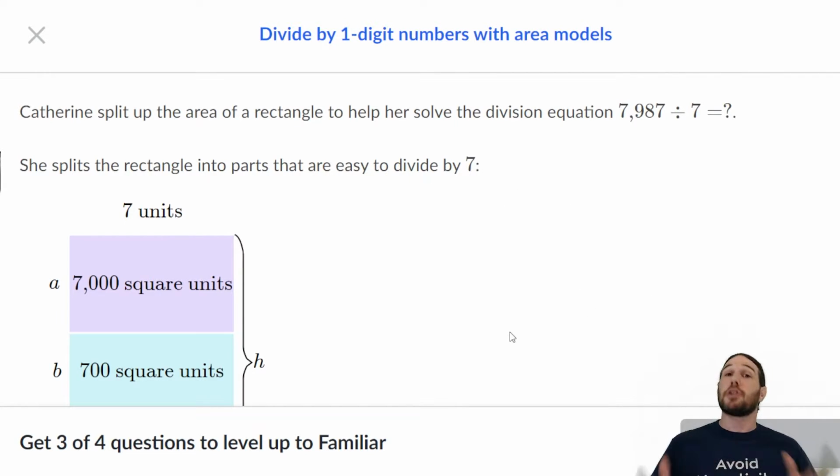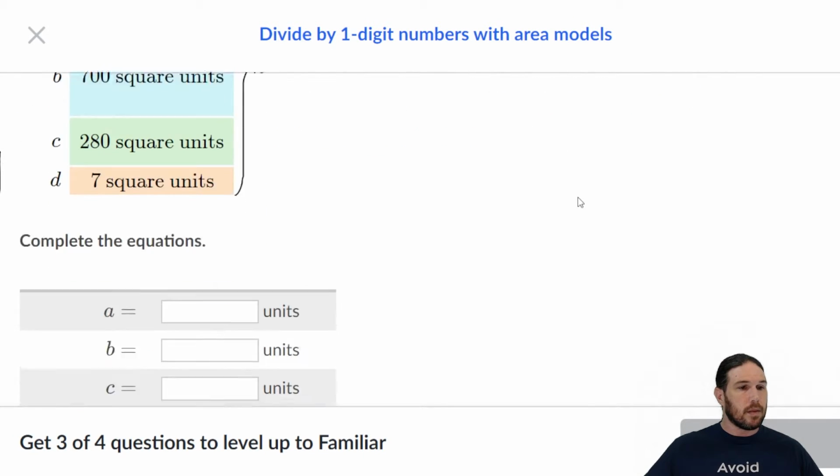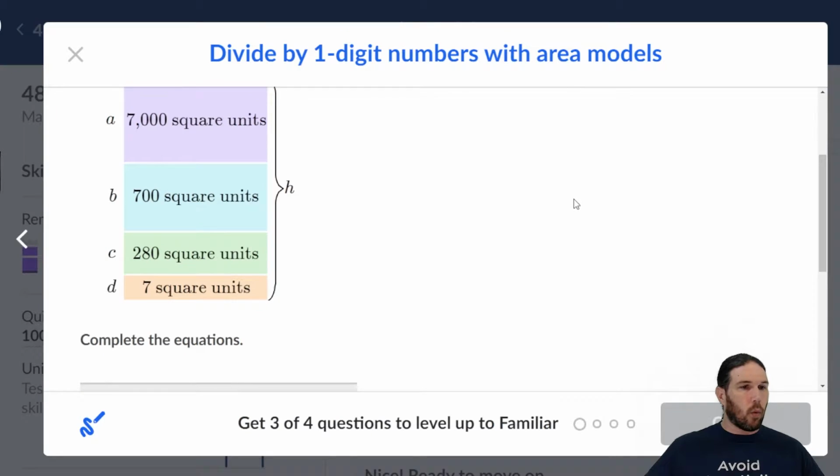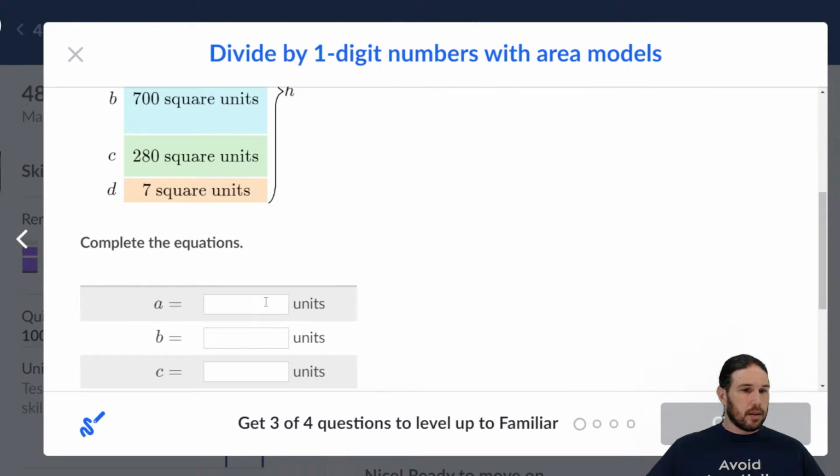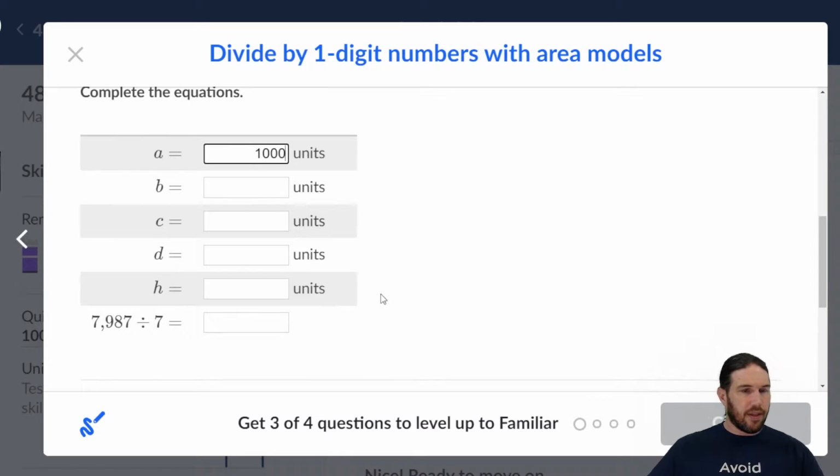But however she does it, she splits the rectangle into parts that are easy to divide by 7. And we want to figure out what each of these lengths is. So for example, 7,000 is the area, 7 is the width. So the length should be 1,000.